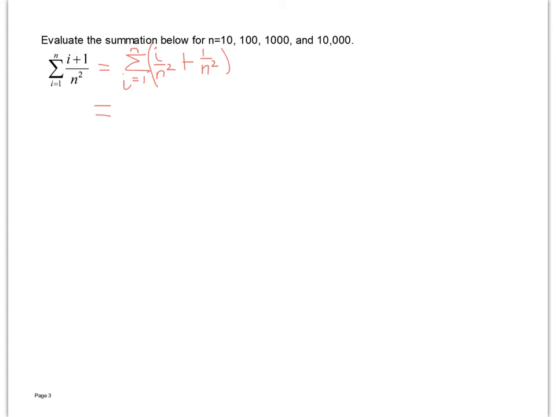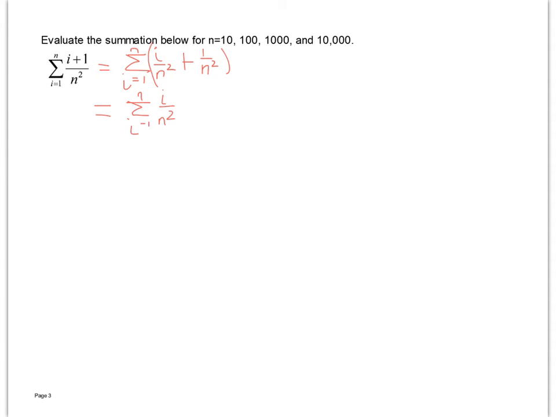Now if I use my rule that if I have two things, an a plus a b, I can just do the first one. That's the second sum rule, in the first row on the right-hand side. So I'm going from i equals 1 to n, and I'm going to do i over n squared.